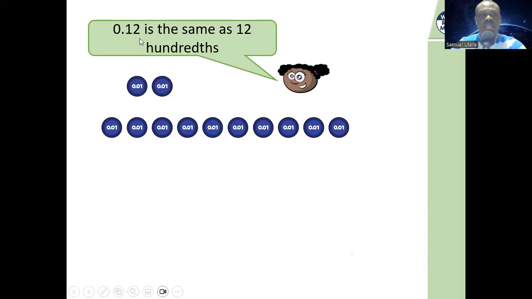We can represent 1 tenth with 10 hundredths. So if we add these other 2 hundredths, we now have 12 hundredths. So Whitney is right.